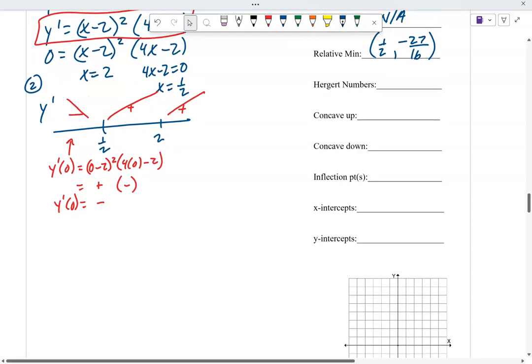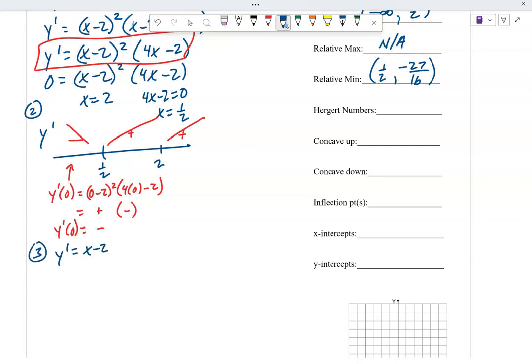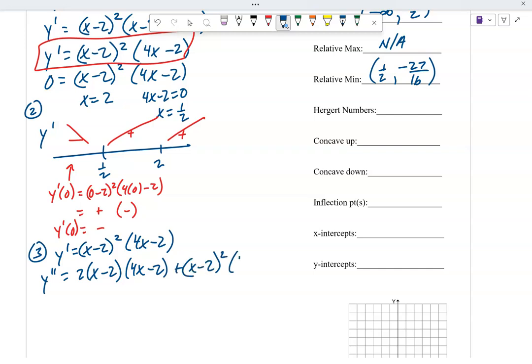So our first derivative here is (x minus 2) squared times (4x minus 2). So the second derivative will be the derivative of the first times the second plus the first times the derivative of the second.